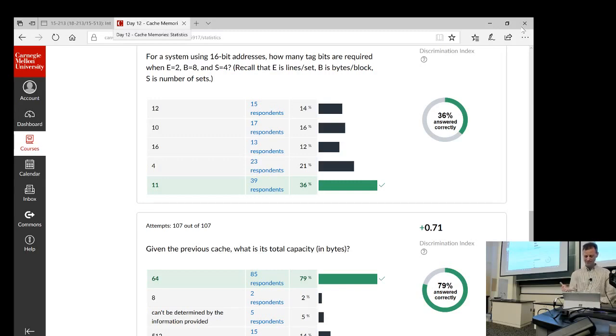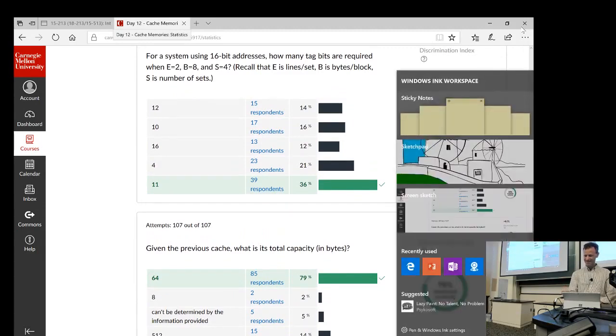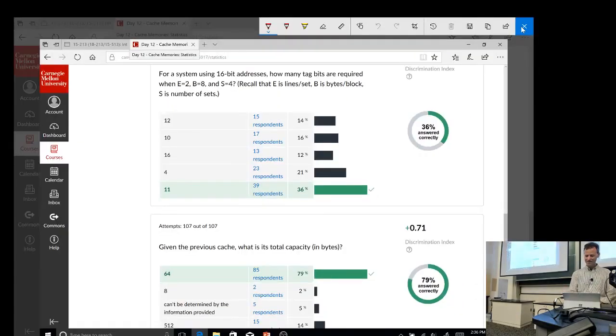Okay, this one. All right, what do we have here? We need bits for the offset. So the offset is 8, so you need 3 bits for that. We need bits for the set index. There are 4 sets, so we need 2 bits for that.